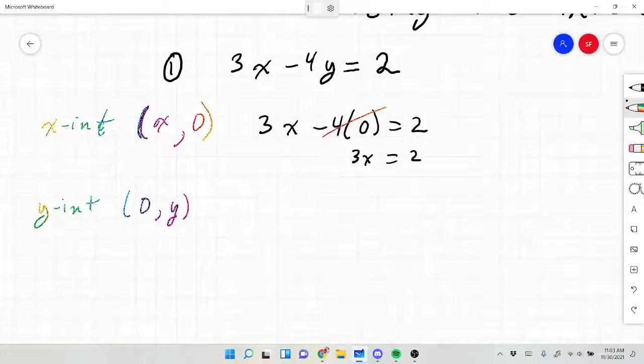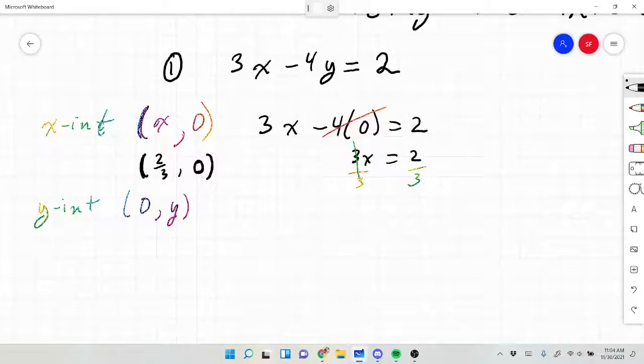What's the last thing we need to do to solve for x? We divide by 3 on both sides. So we're doing two problems to get the x and y, and in the y problem we're going to be getting rid of the 3x. Okay, so there's the x-intercept.